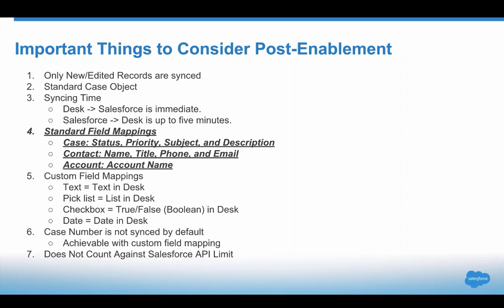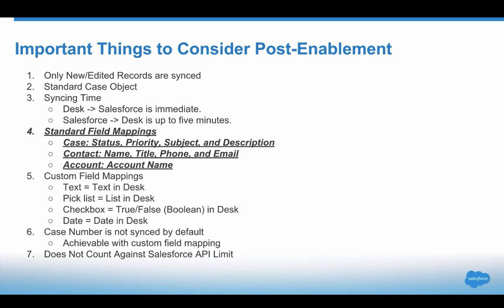Next here, field mapping. What's great about Desk Connect is that we don't only give the ability to bidirectionally sync information, but on top of that, you can also map fields. If you have custom fields created in Salesforce, you have the ability to map these over to Desk, so your Desk agents have the ability to see that information. Here are the standard field mappings per object.